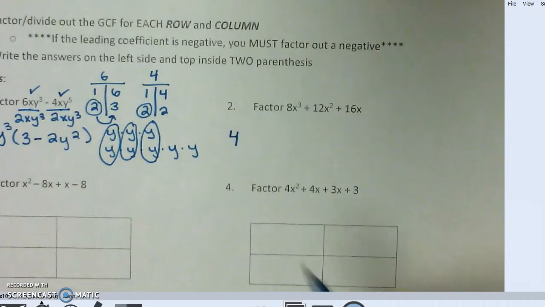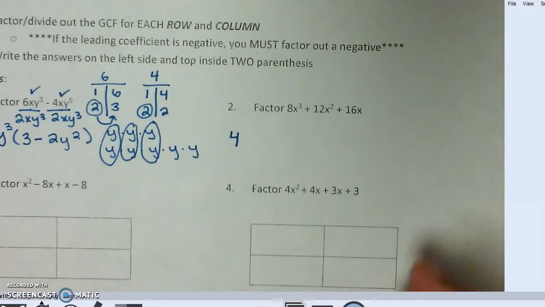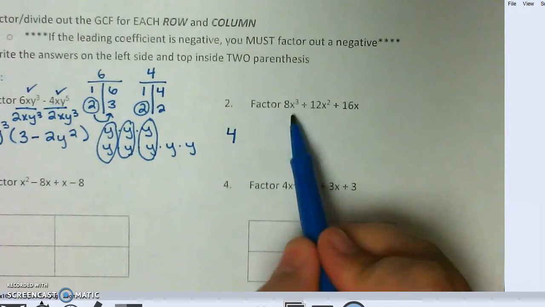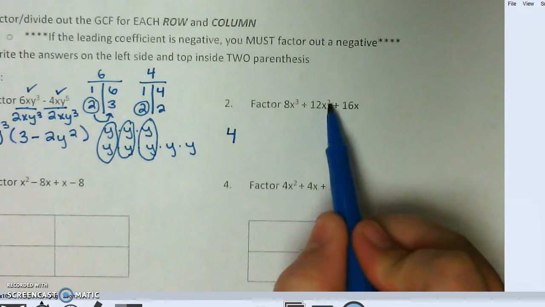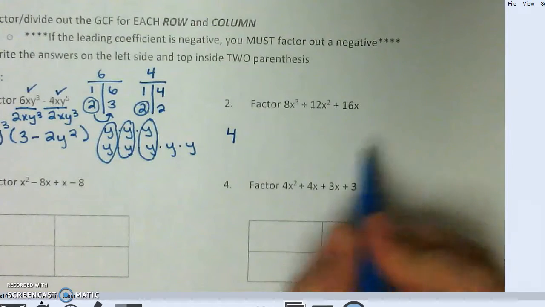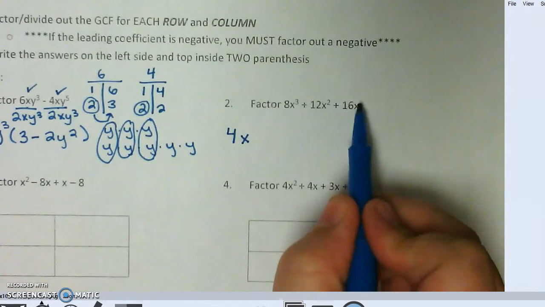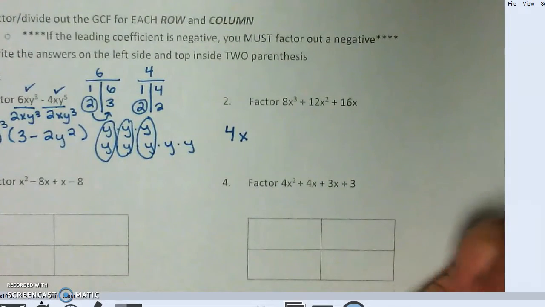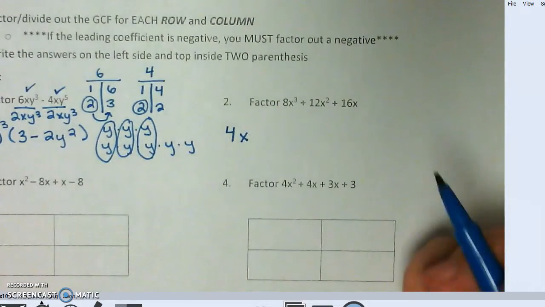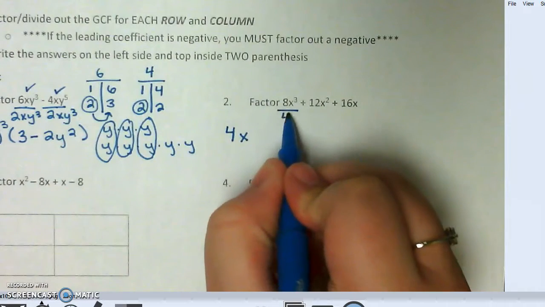But the biggest number that all 3 of these have in common is 4. Now let's look at the variables. This has x cubed, x squared, and x. So we know they have an x in common, and the lowest exponent is this one right here. So then the next thing we do is divide every single term by 4x.